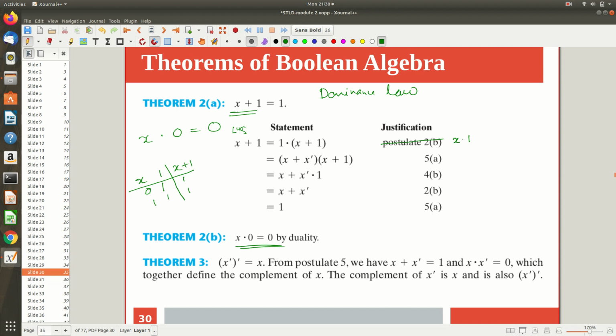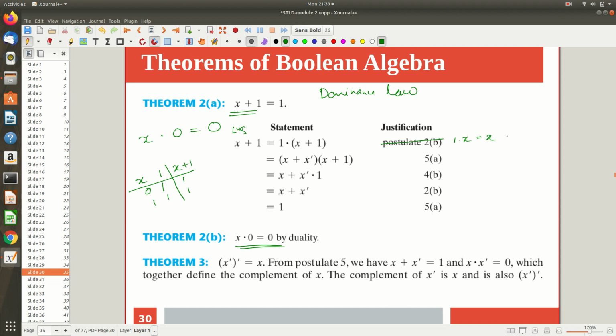You can do this multiplication on the right side or left side, because commutativity is by default true for Boolean algebra. Or we can write 1 dot x. Anyway, both are going to give you x itself, right?